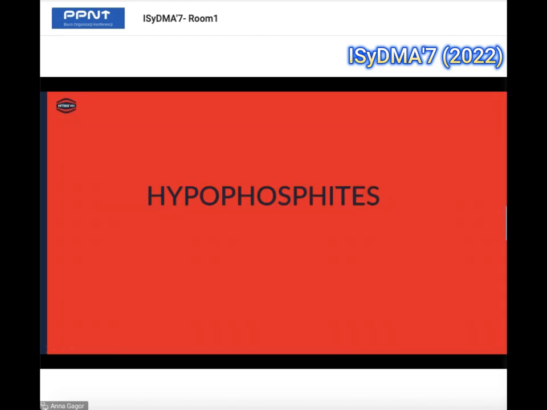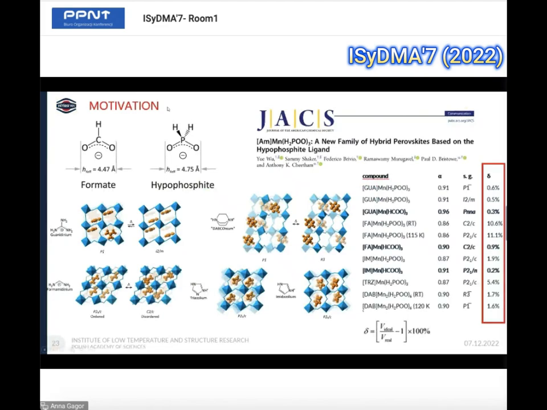So now I will go to hypophosphites. Why hypophosphites? They are very similar to formates because we just changed the small formate to another, slightly larger ligand, the hypophosphite, by changing carbon to phosphorus.